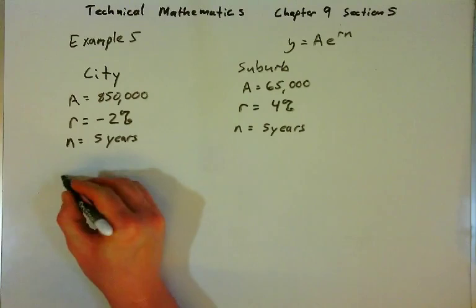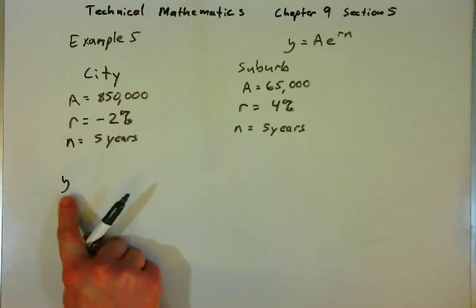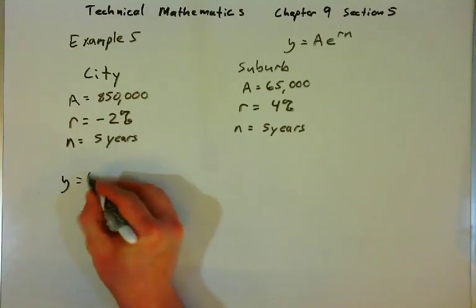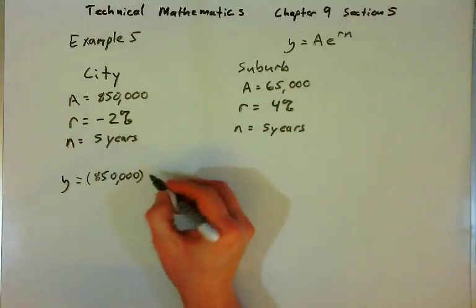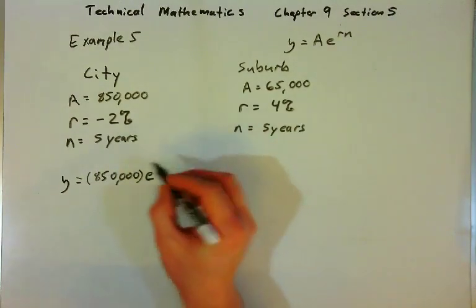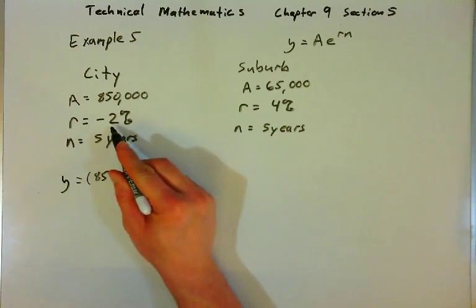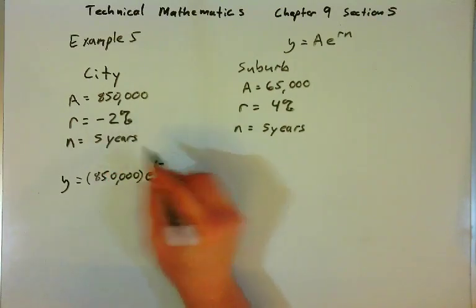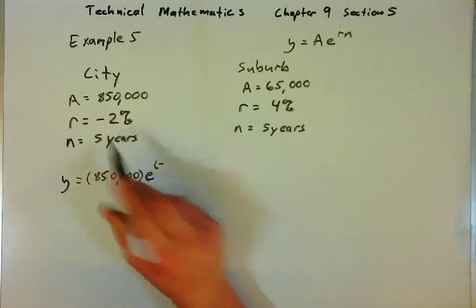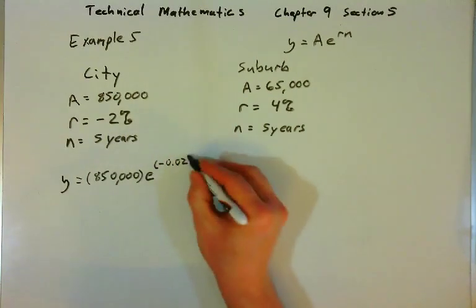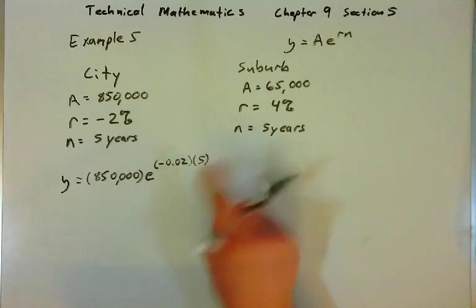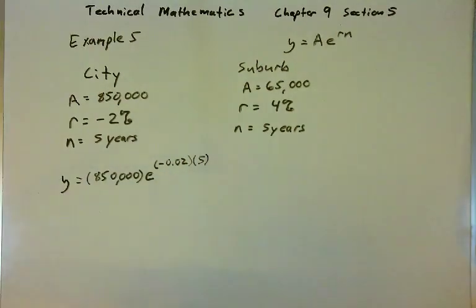We'll do the city first. The population y after 5 years will be equal to the initial population, 850,000, that's A, times e to the r, and r we need to make sure that it's negative, first of all. And we also need this to be in the form of a decimal rather than a percentage, so negative 0.02, that's 2%. And then times n, which is the amount of time that has passed.